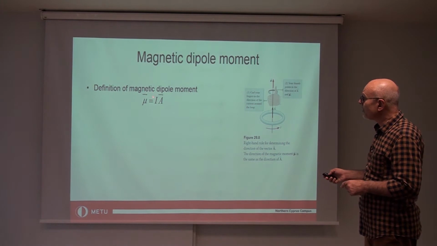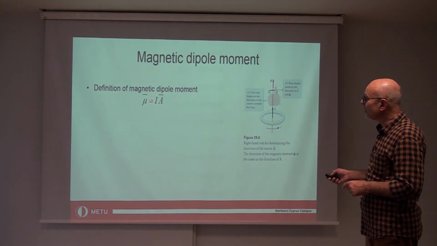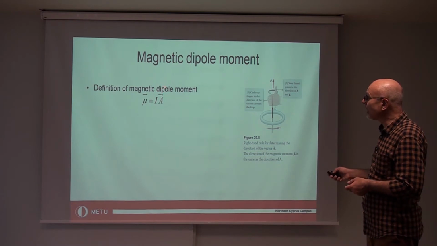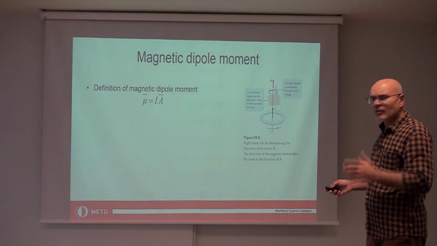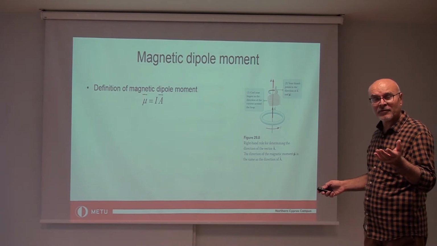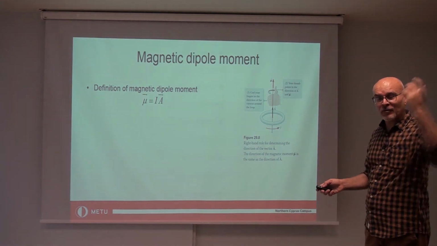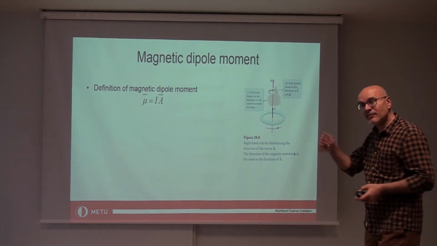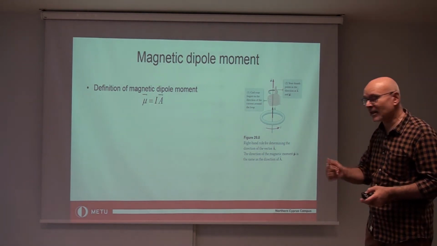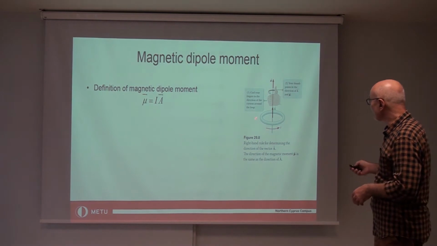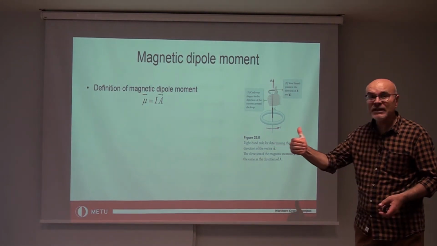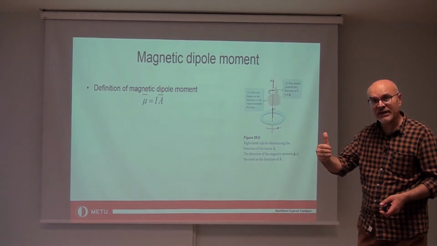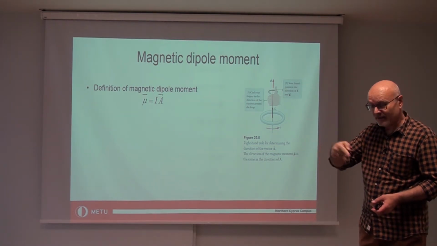It's given by the product of the current flowing through it, which is a scalar, multiplied by an area vector. Now we are used to the idea of area vectors from Gauss's law, you remember. How do we define this area vector? This area vector is defined again by a right-hand rule. In the loop, you let your right-hand fingers point in the direction of flow of the current, okay?